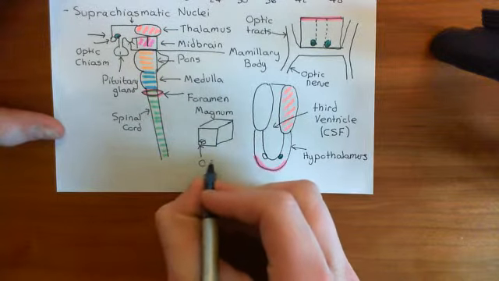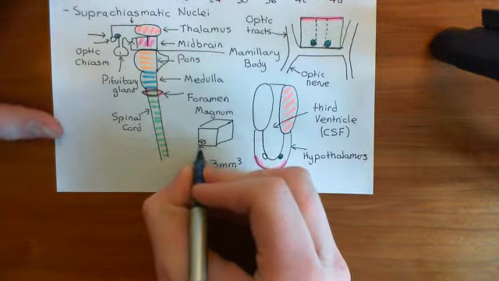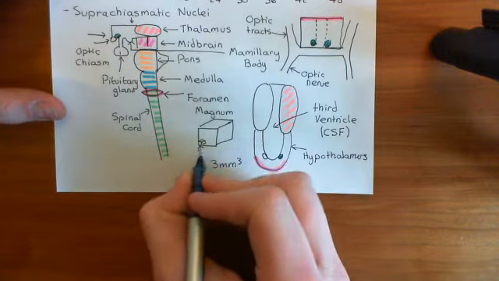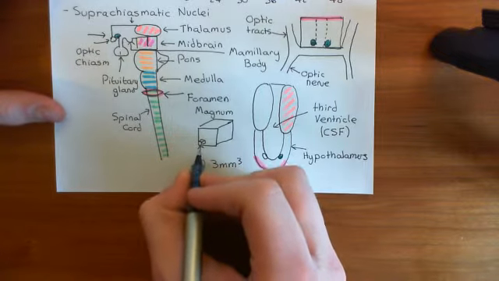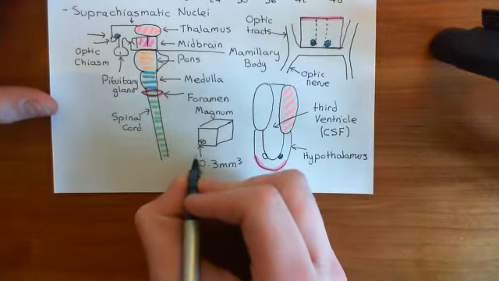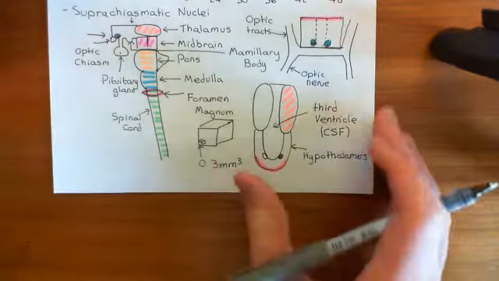They're 0.3 millimeters cubed. Take this, divide it up into 10 pieces, take 3 of those, and that's the size of a suprachiasmatic nucleus. So they are very, very small little structures within the hypothalamus. That now finishes the anatomy of them.